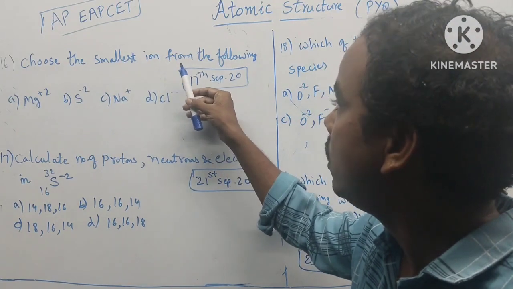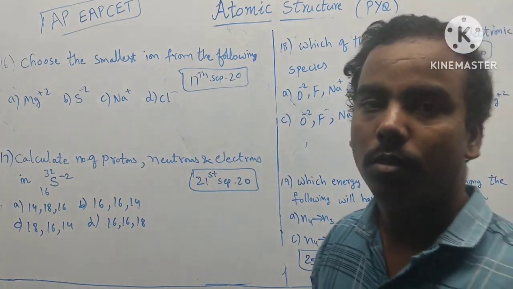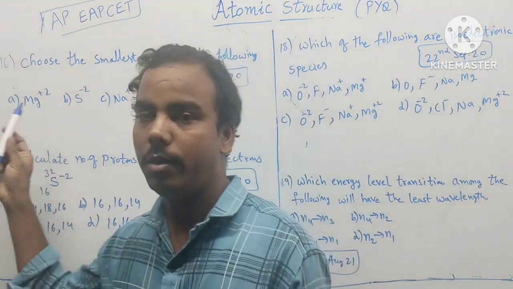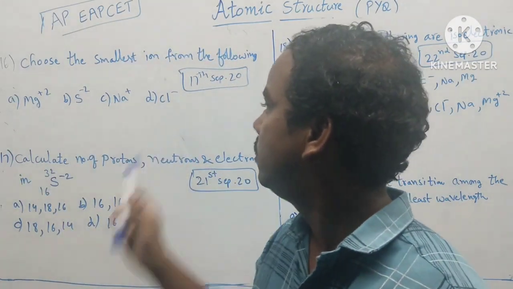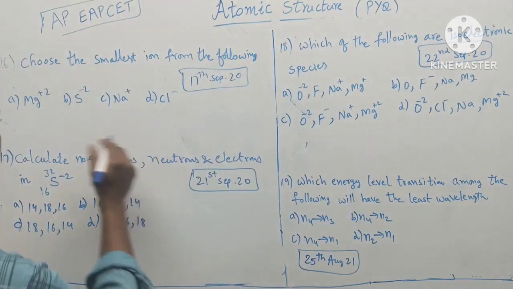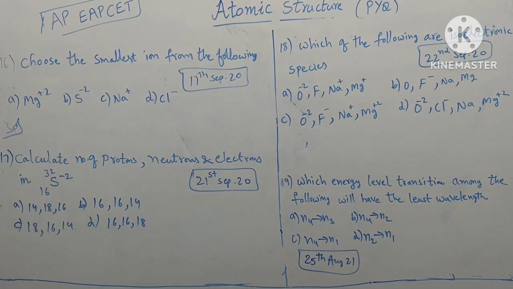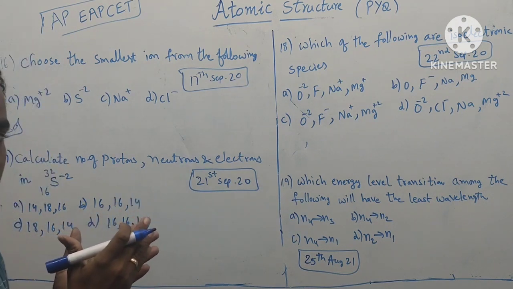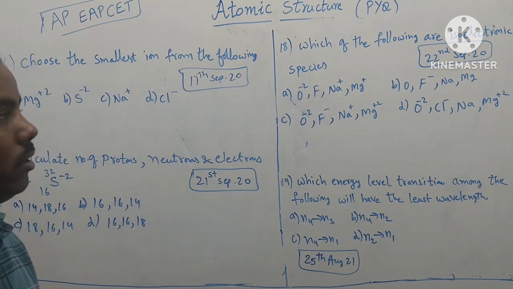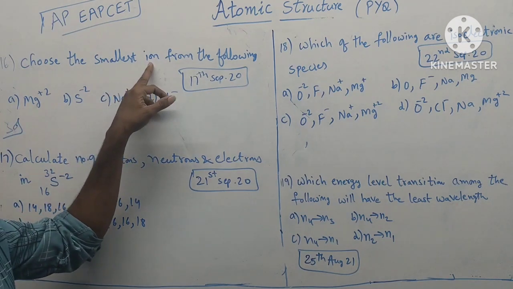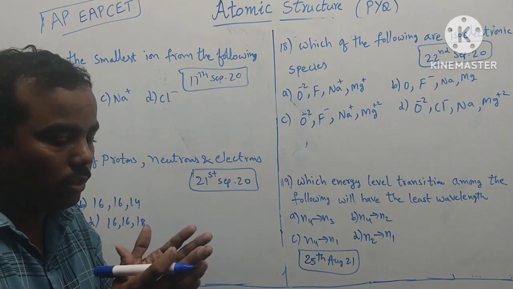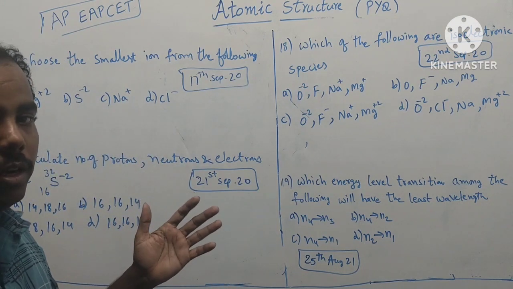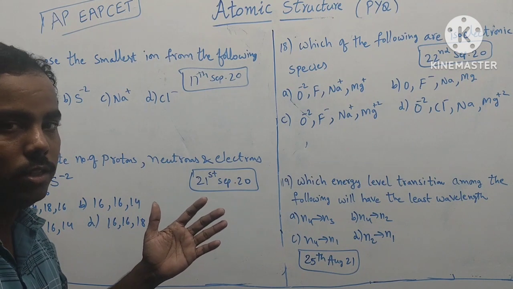Choose the smallest ion from the following. The 4 options are Mg plus 2, S minus 2, Na plus, Cl minus. It is a very easy question. The smallest ion is the ion which has the highest positive charge, and the ion which has the highest negative charge is the largest ion, largest in size.